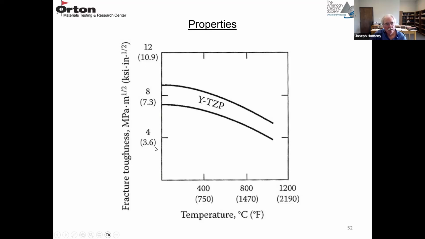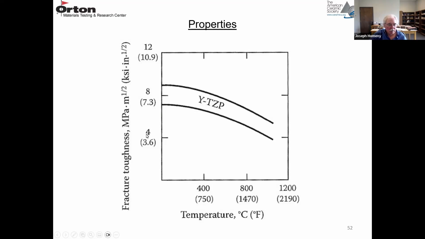It's a little bit lower when you do the conversion than in the megapascal square root of meters. So toughness versus temperature. And it falls off on this slightly yttria stabilized material, which is in the tetragonal form.